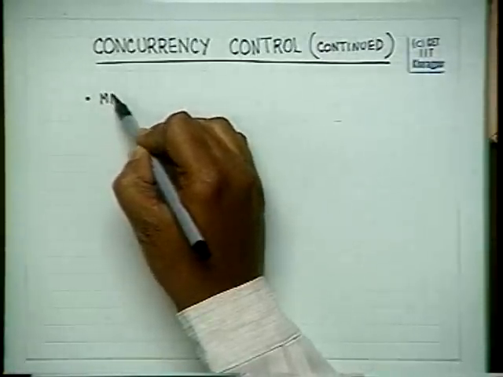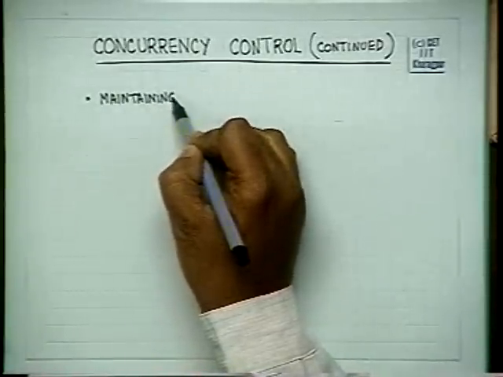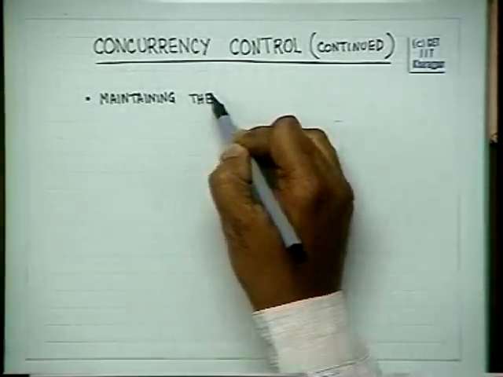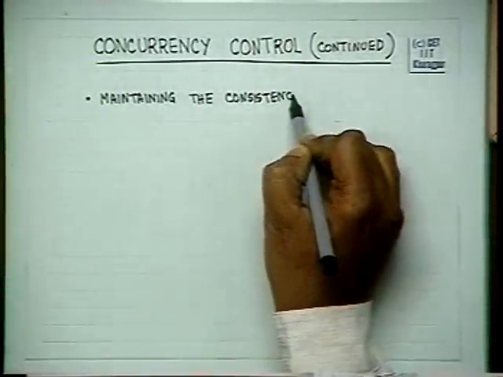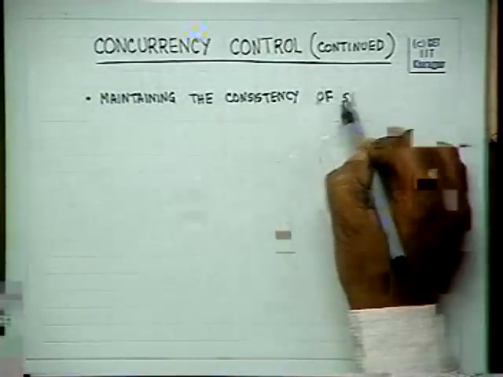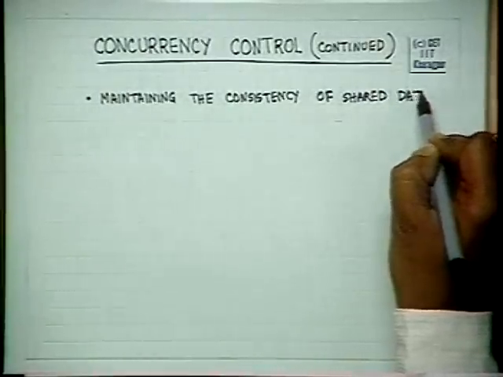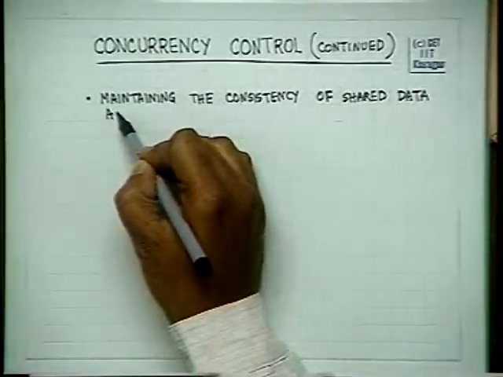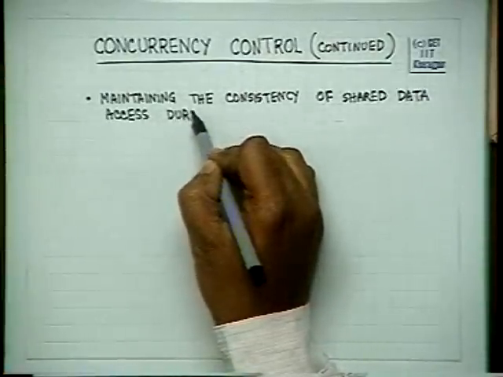We are discussing the topic of concurrency control, and in that topic we have seen that the major issues are maintaining the consistency of shared data access during concurrent execution.